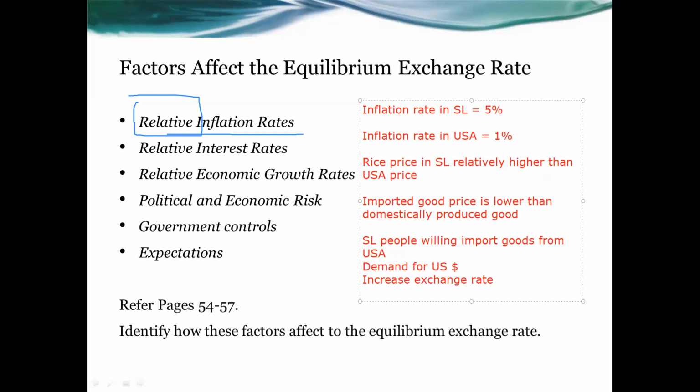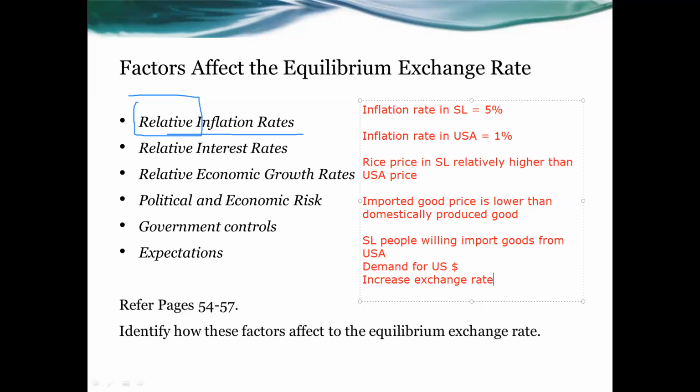So that is why the equilibrium exchange rate changes. You will understand the reasons, right? When compared to the USA, if the Sri Lankan inflation rate is high, Sri Lankan people are more willing to consume goods and services imported from the USA. Why? Because USA product prices are cheaper than domestically produced prices.